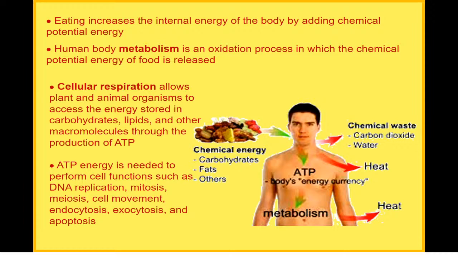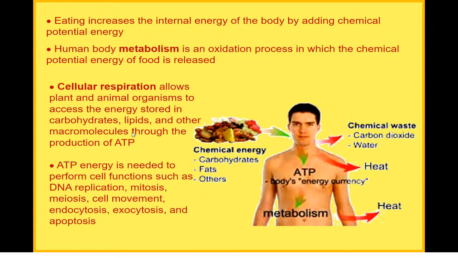Cellular respiration allows plant and animal organisms to access the energy stored in these three. I can say these are fuels for the human organism: carbohydrates, lipids, and other macromolecules. Proteins may be added through the production.